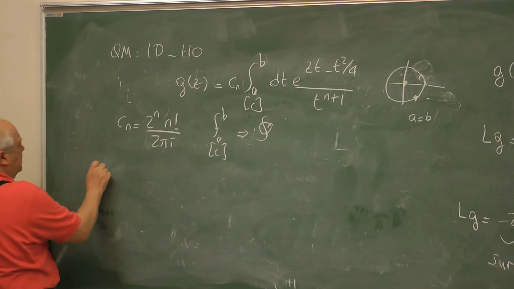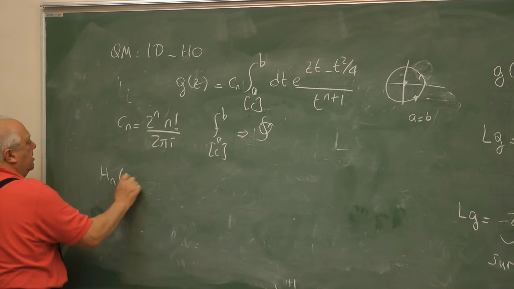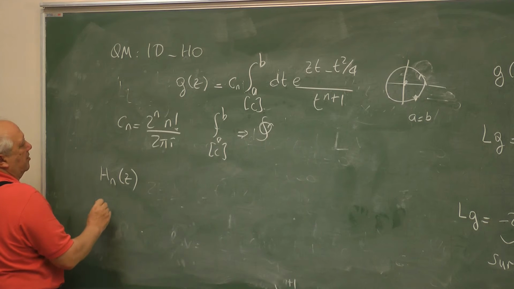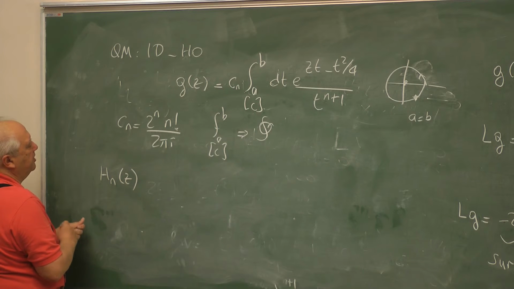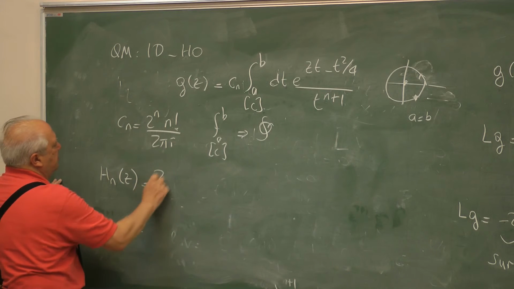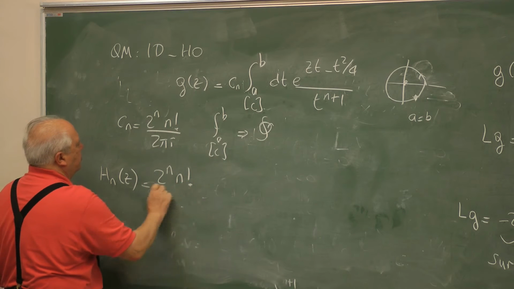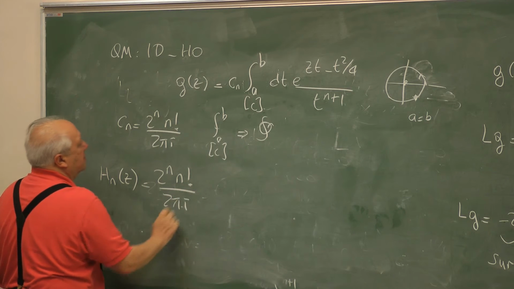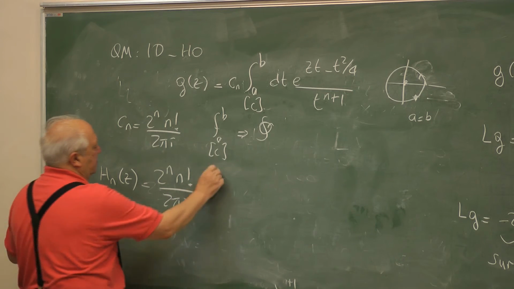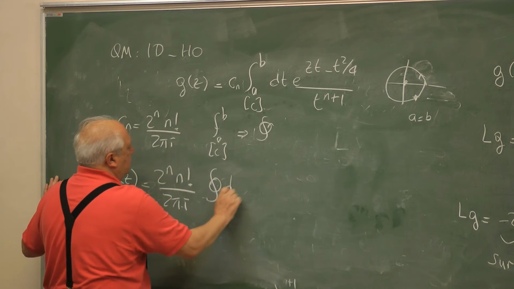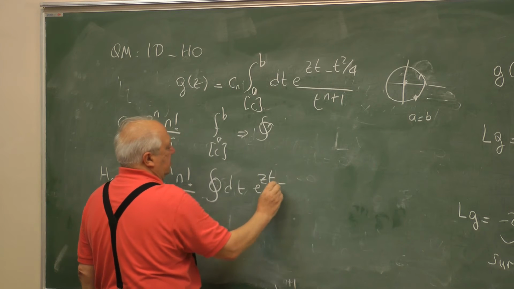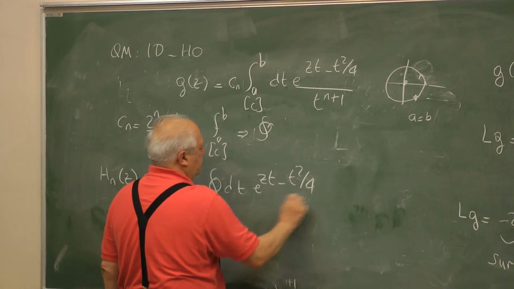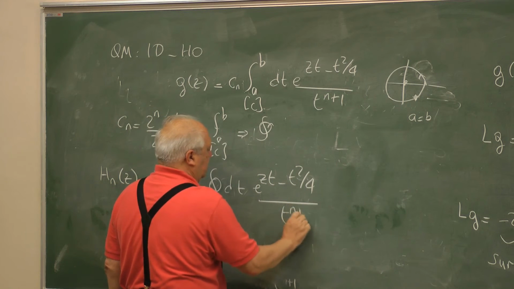So H_n(z), which we shall now call the Hermite polynomial of order n, is 2^n n! over 2πi, the integral dt e^{zt − t²/4} over t^{n+1}.